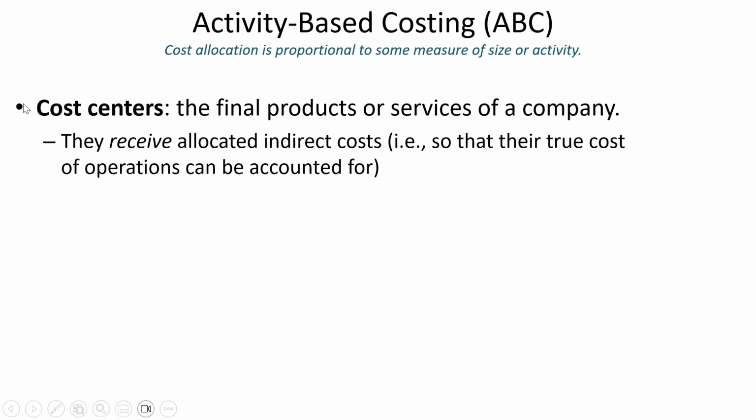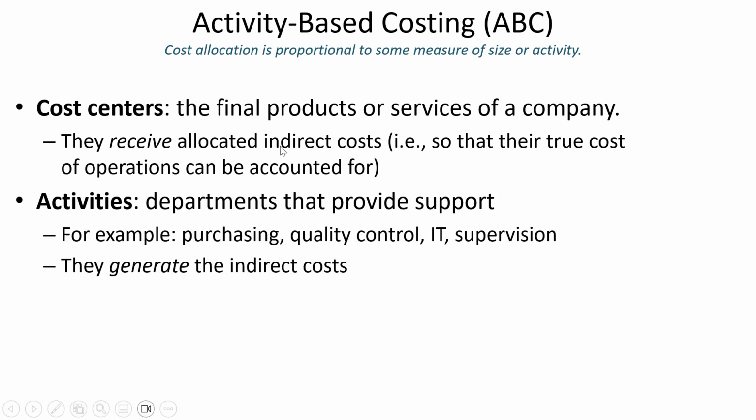So the cost centers receive the indirect costs, so that when you're trying to figure out how much to charge for the item, like the cell phone cases or the fidget spinner, it's not just the cost of the materials, but you're also recovering all of the underlying indirect costs as well.